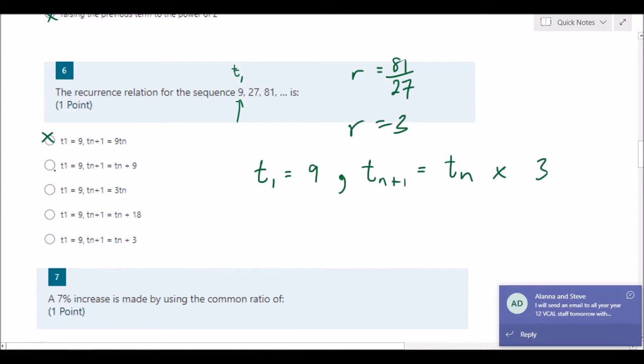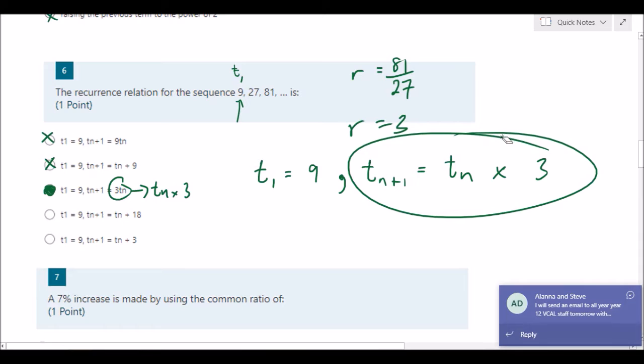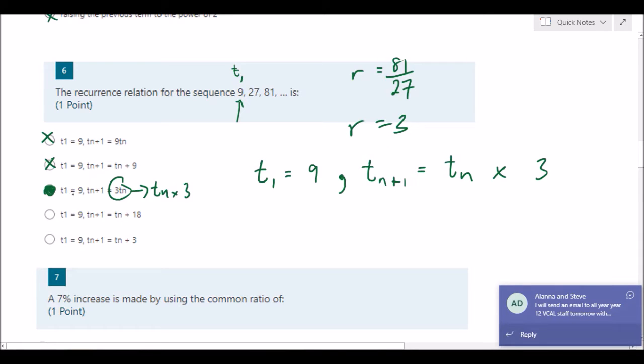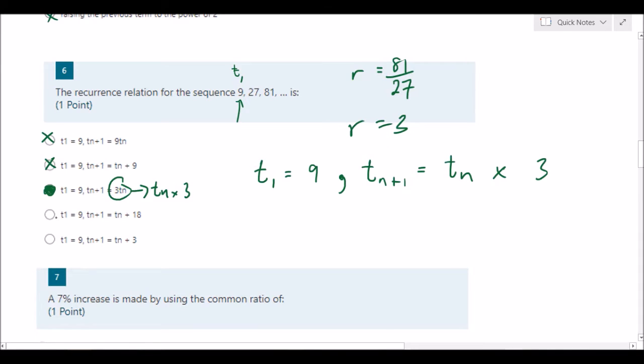Can't be this, plus 9, so it won't work. It's actually this one, because remember this is the same as Tn times 3, and that's what we have in this part of the recurrence relation. And the first term is 9. So it's pretty straightforward. Won't be that, because it's not adding, it's multiplying by the same amount.